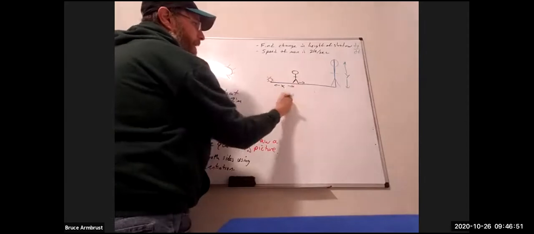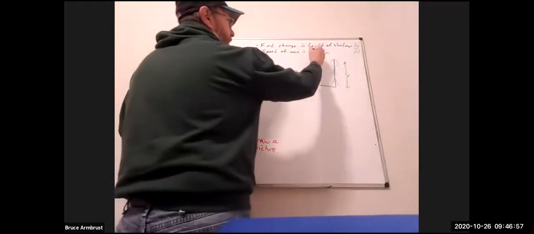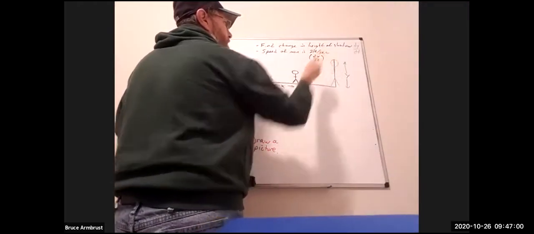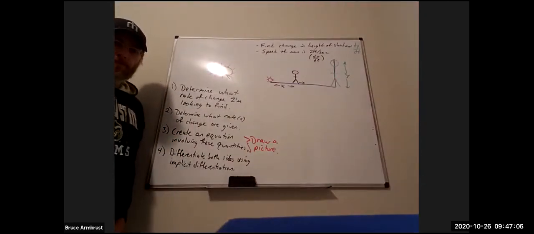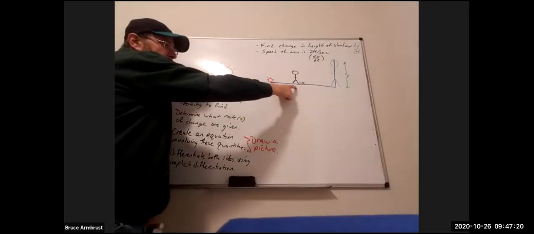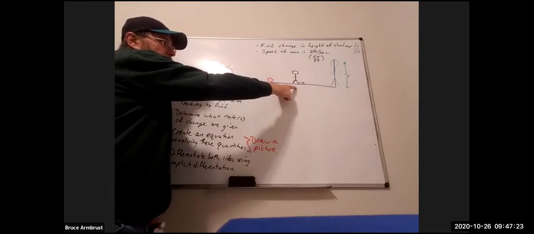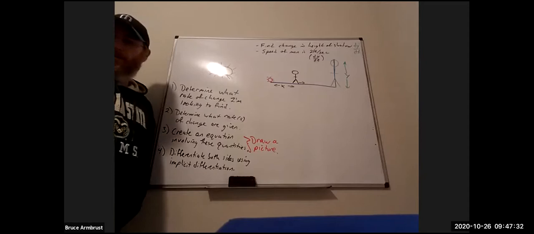Because if he's walking away, x is changing. And that's the speed of the man. So those two quantities, x, the distance between the light and the guy, and then y, the height of the shadow, those are the quantities that we want to relate.